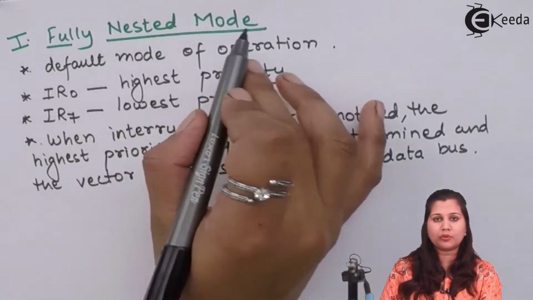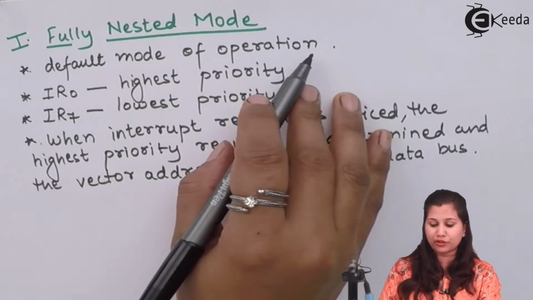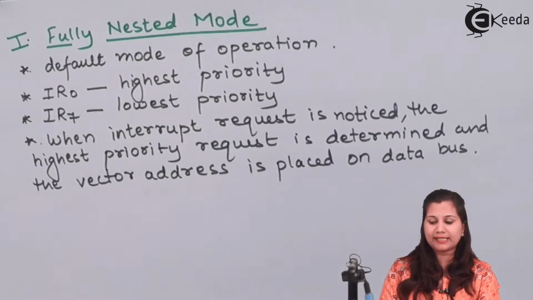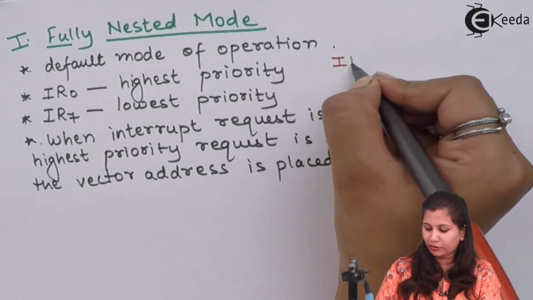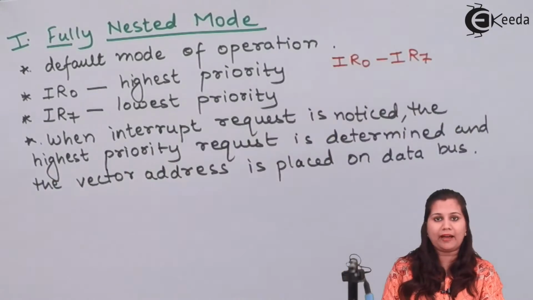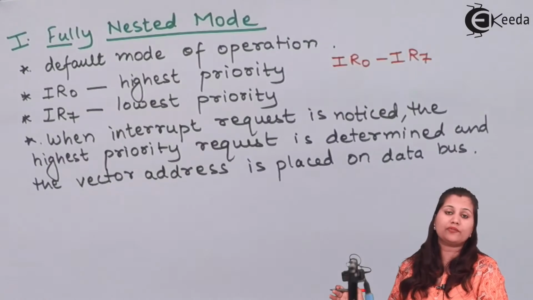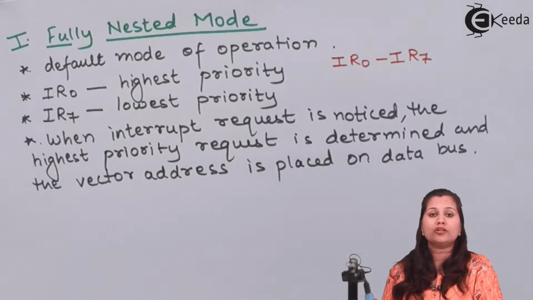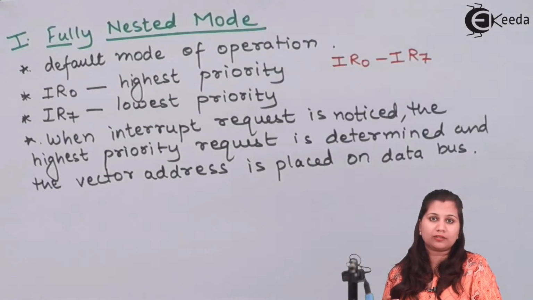This fully nested mode is the default mode of operation. Because the 8259 can accept 8 interrupt requests, IR0 to IR7, the priority has to be decided. Suppose 2 or 3 interrupt requests occur simultaneously at a time, which request has to be acknowledged first?